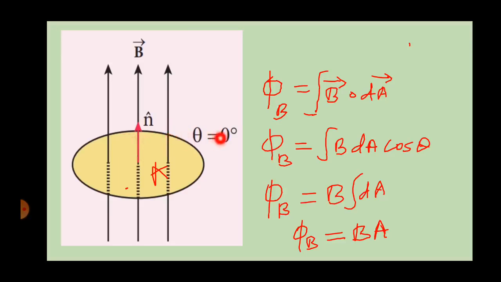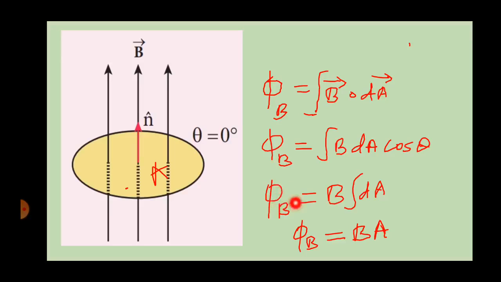That is equal to 0, because both are parallel to each other. Magnetic field B vector and n unit vector are parallel to each other. So the angle is 0 degree. Therefore, what is the value of cos theta? Theta is equal to 0, cos 0 is equal to 1.